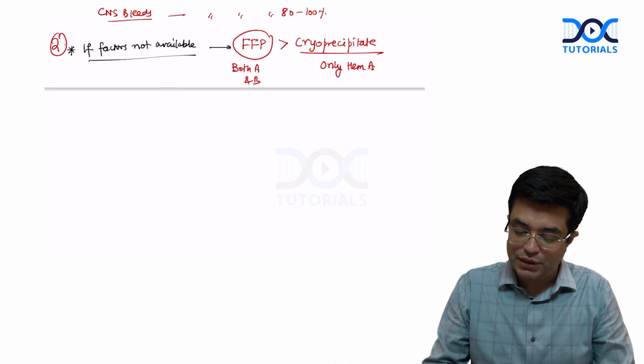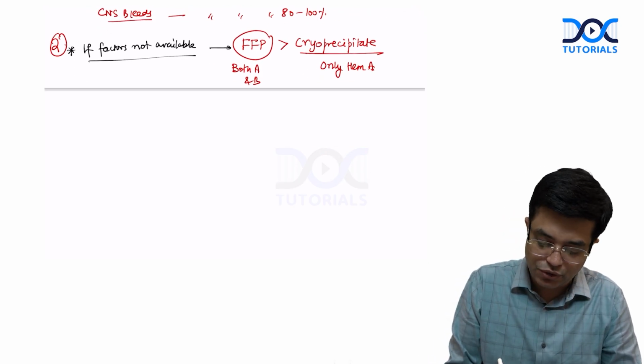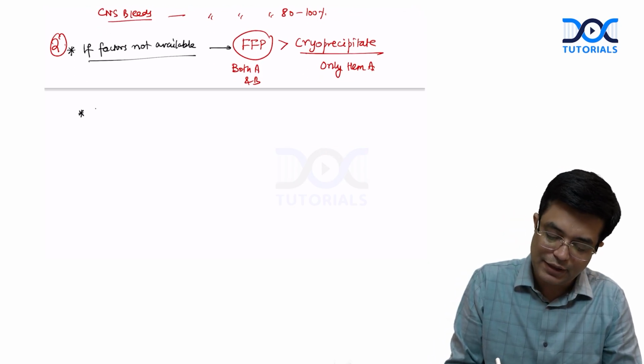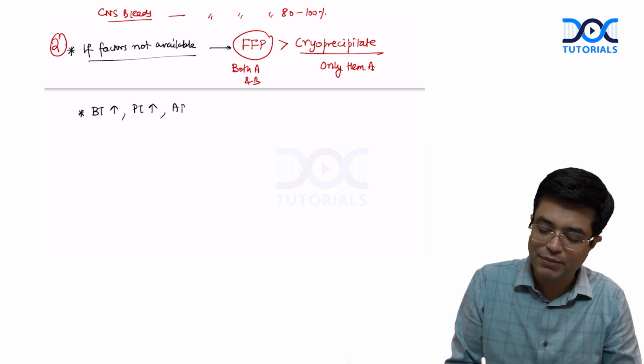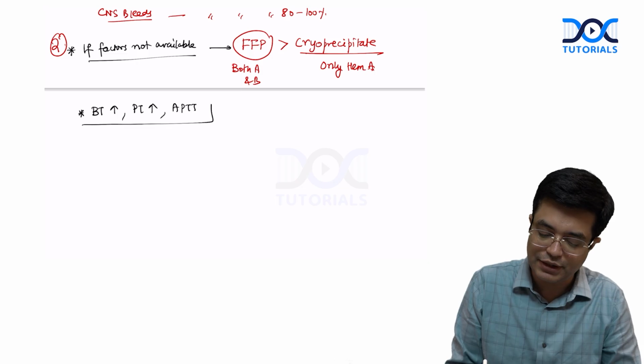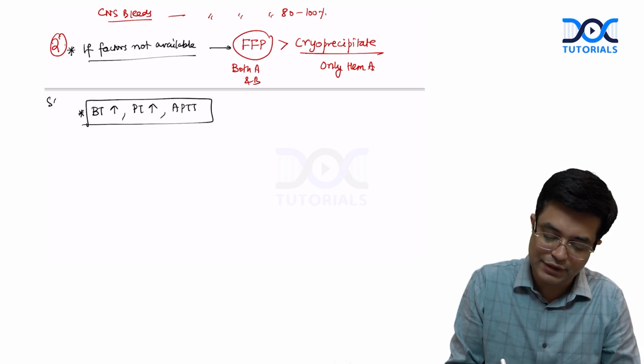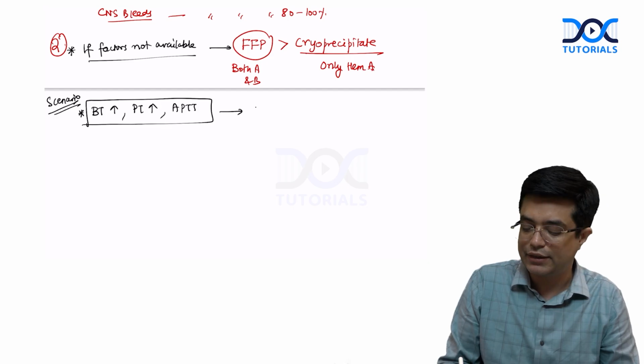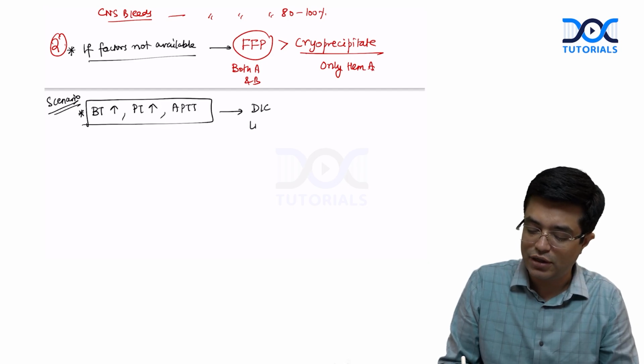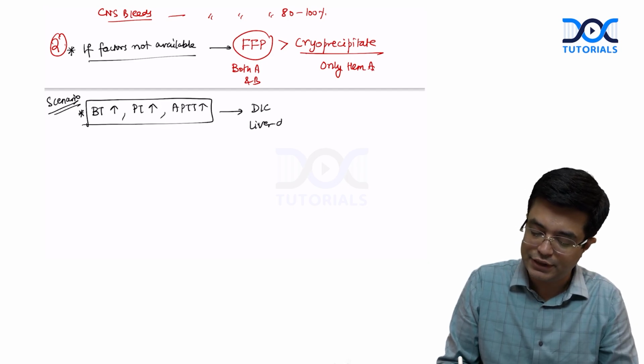And so remember, there are some variations you should know. If the examiner says there is a patient with bleeding time increased, prothrombin time increased, and activated partial thromboplastin time increased, what should be suspected? This is a scenario that we are discussing. You should suspect that there is DIC or liver disease or late vitamin K deficiency, which can present like this.